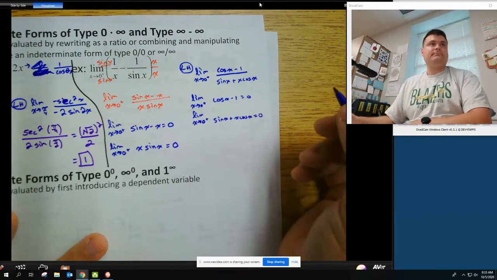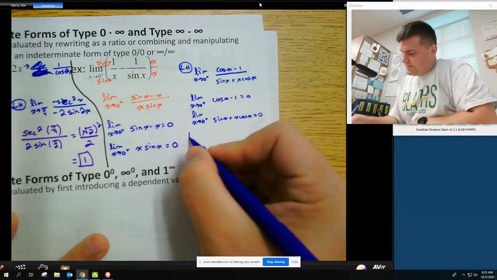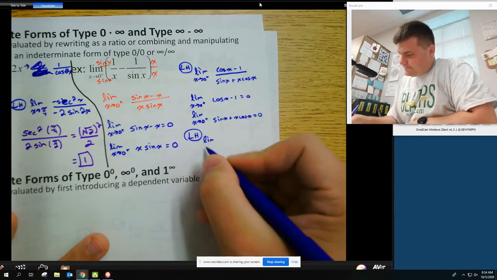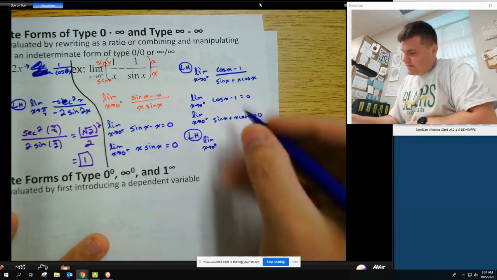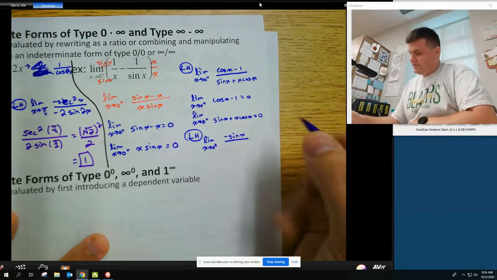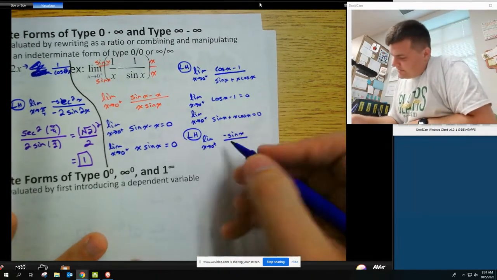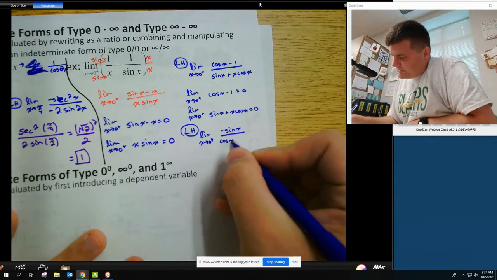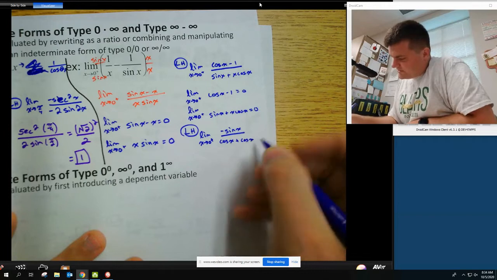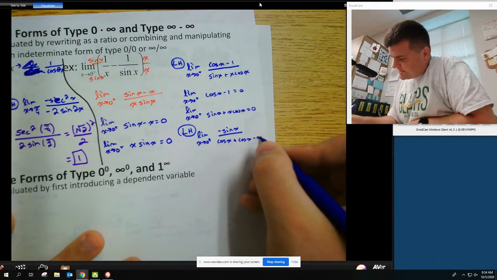Okay. So now I can L'Hopital it again. It's going to leave me with derivative of cosine is negative sine of x all over, it's going to give me cosine of x plus product rule, cosine of x minus x sine x.